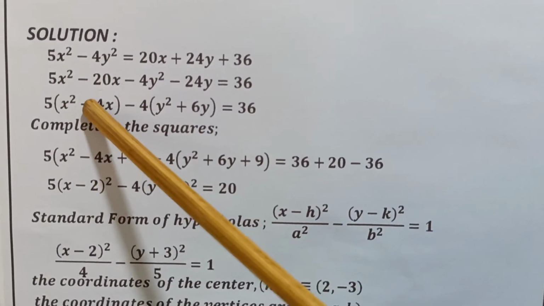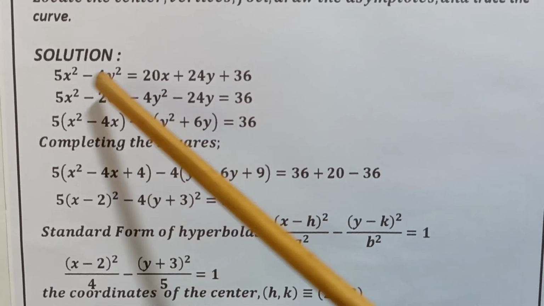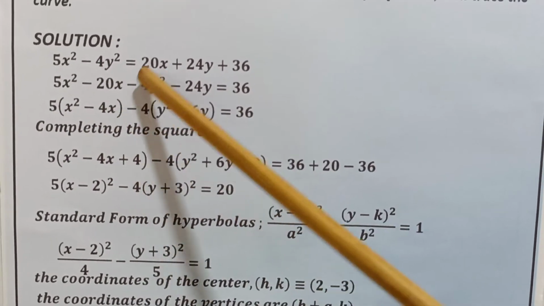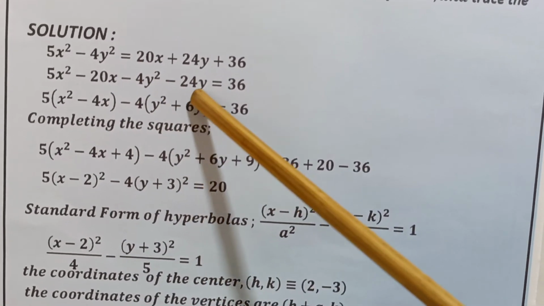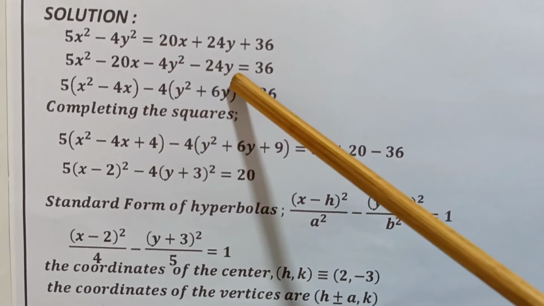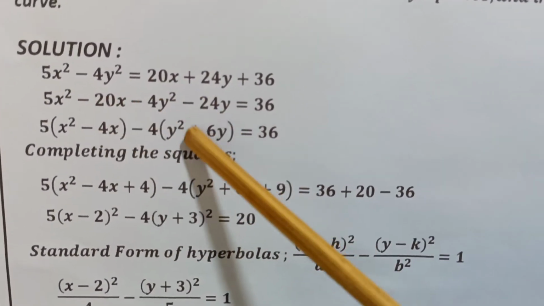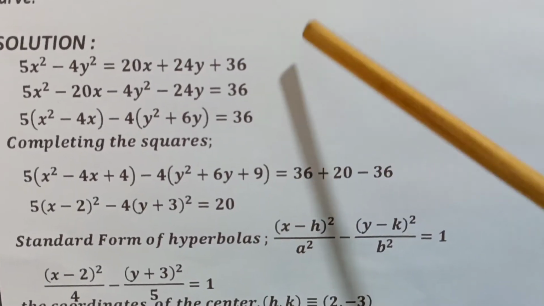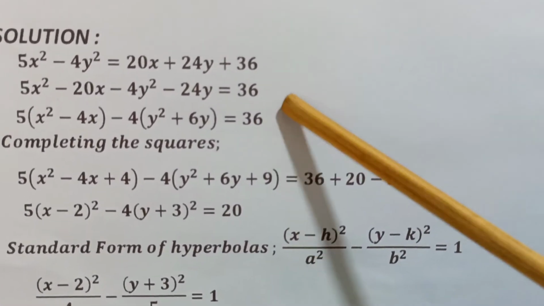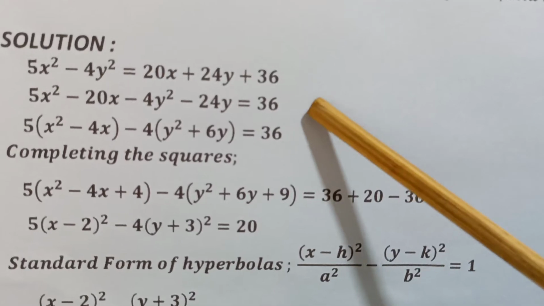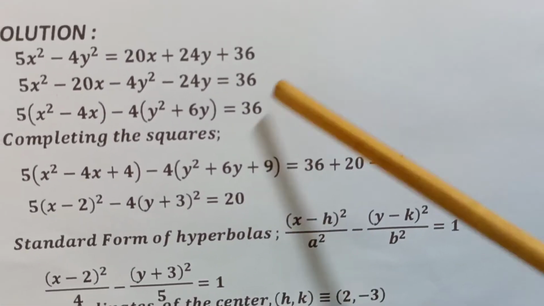Now, if we have this kind of problem, we just collect the similar terms of x, no? So 5x squared minus 20x, you transpose this 20x here on the opposite side of the equation. We have here 5x squared minus 20x minus 4y squared minus 24y. Now we group these variables, equal to 36, so we retain the constant here.